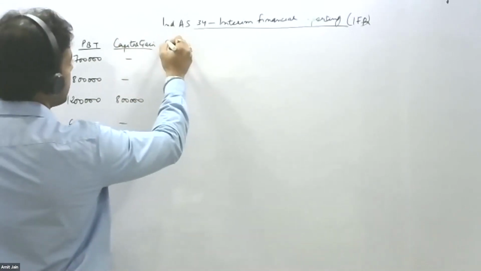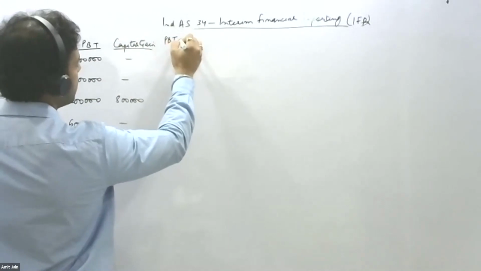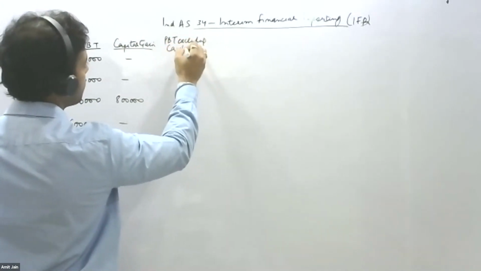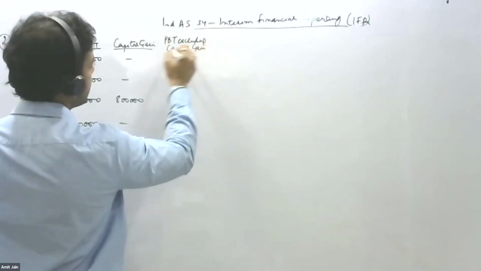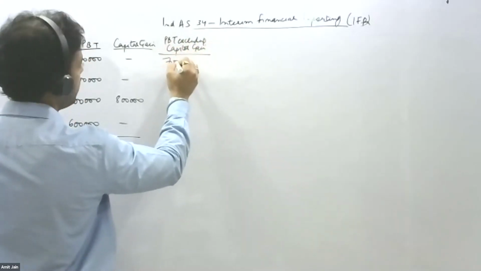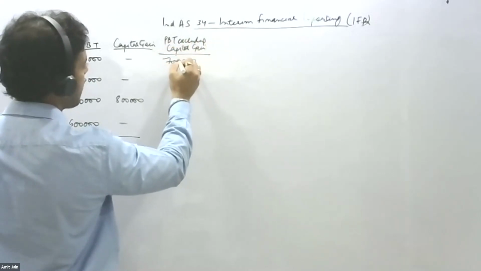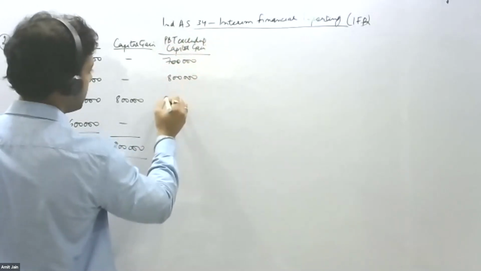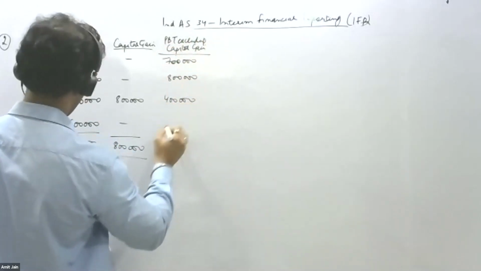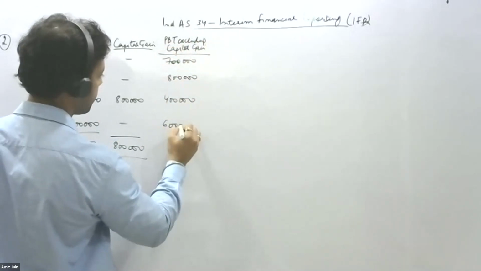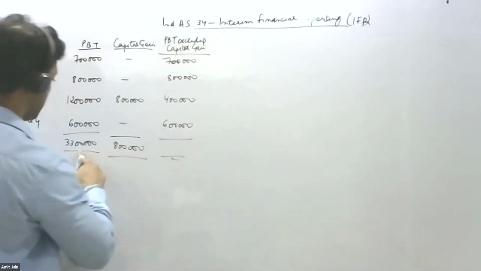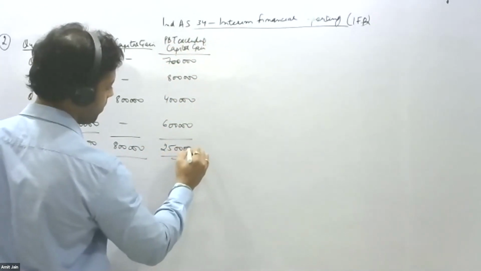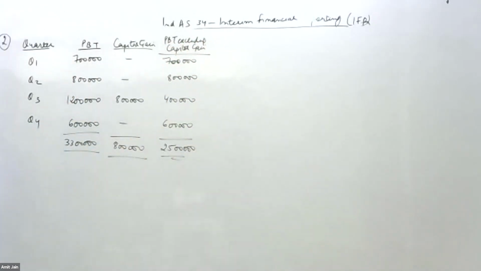So what is the PBT excluding capital gain, right? Why am I excluding? Because a different tax rate is applicable on capital gain. This is 4 lakh, this is 6 lakh, and this will be 33 minus 8, 25.